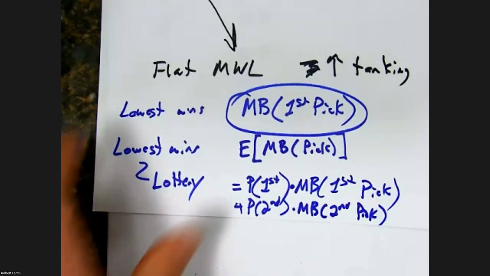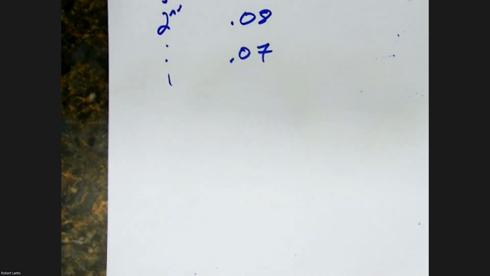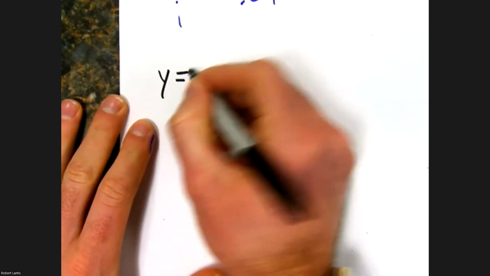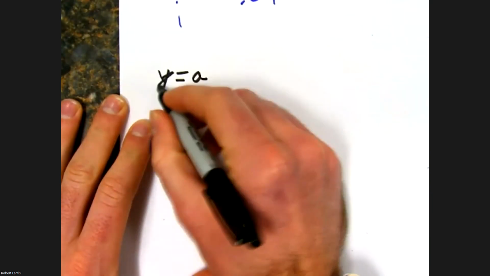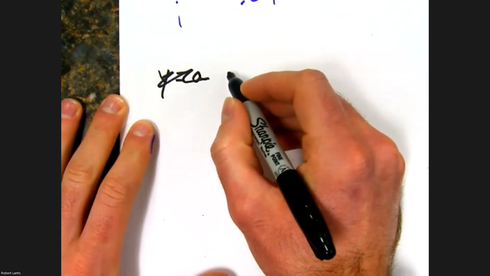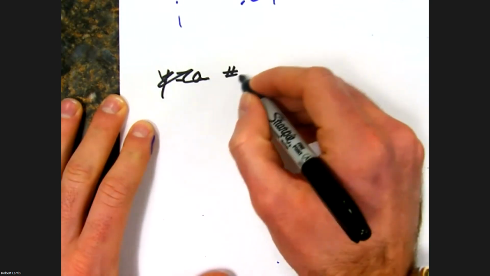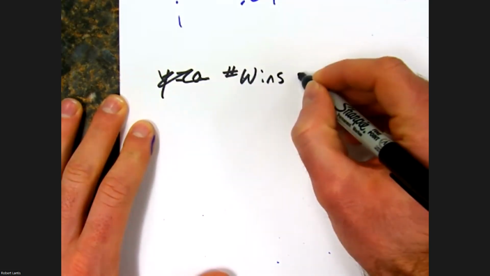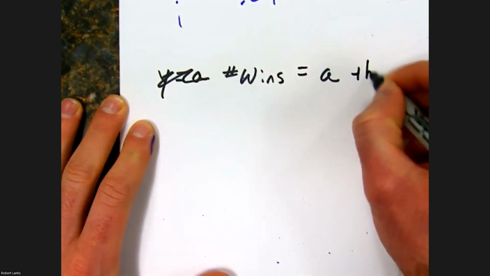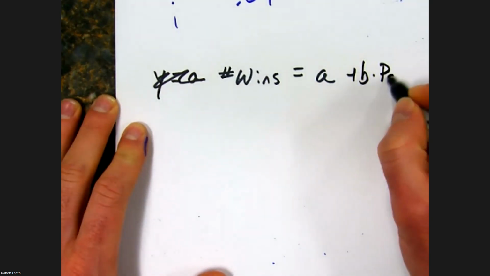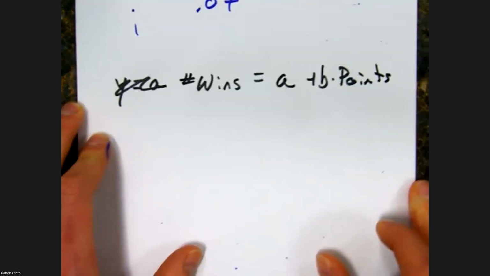The first thing they're going to do, and we haven't necessarily talked about this yet, so I'll do a very simple thing before we get to their specific case. Let's say I have number of wins and the number of additional points a player scores.